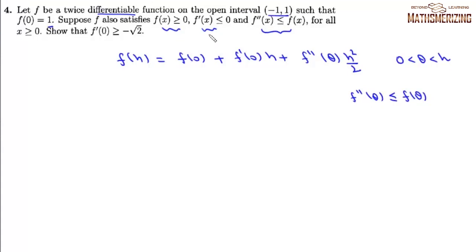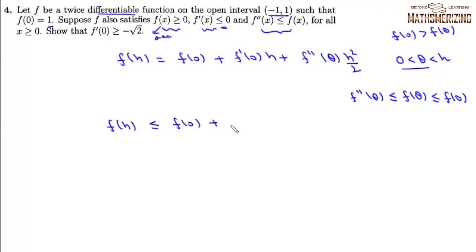Now since f dash x is less than or equal to 0, it simply means fx is a decreasing function, and if fx is decreasing, then f0 will be greater than f theta. So f theta will be less than or equal to f0. fh will be less than or equal to f0 plus f dash 0 h plus f0 h square by 2.